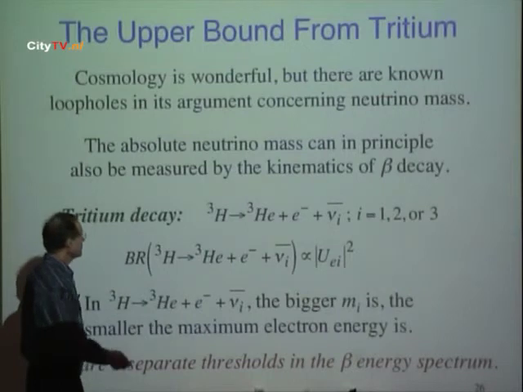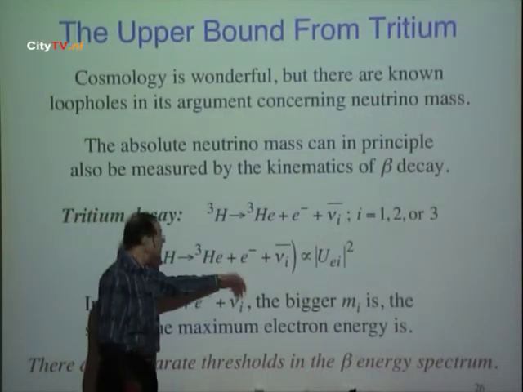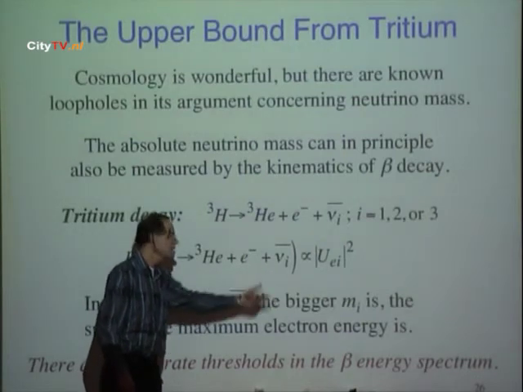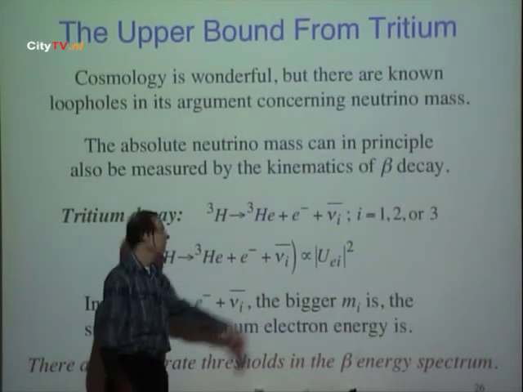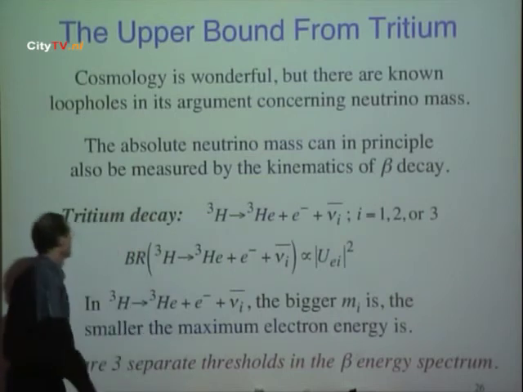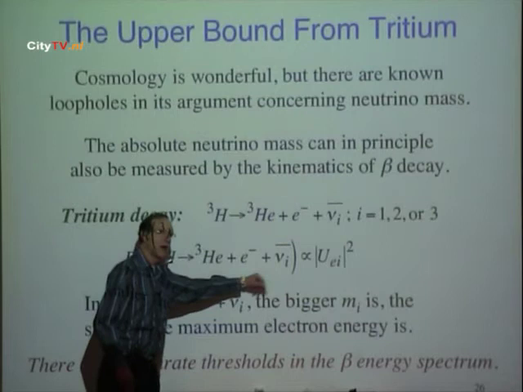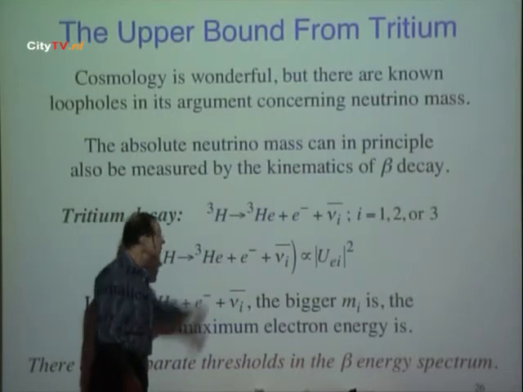Now, when tritium decays, the electron is accompanied by one or another of the mass eigenstates, nu1, nu2, nu3. It happens to be a nu bar because that's an electron, but the bar is not the point. It's nu1 or it's nu2 or it's nu3, and the branching ratio for making a particular nu I is the probability of making that nu I in connection with an electron.